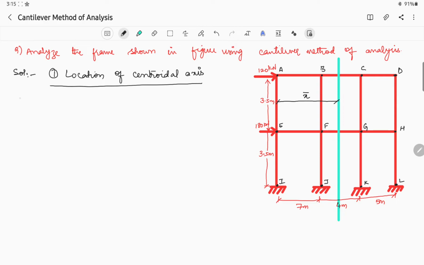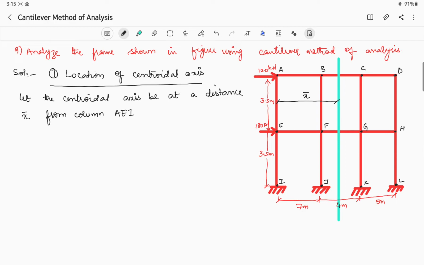So I'll write here, let the centroidal axis be at a distance x bar from column AEI. Okay, and we know how to calculate centroid of the figure, right?